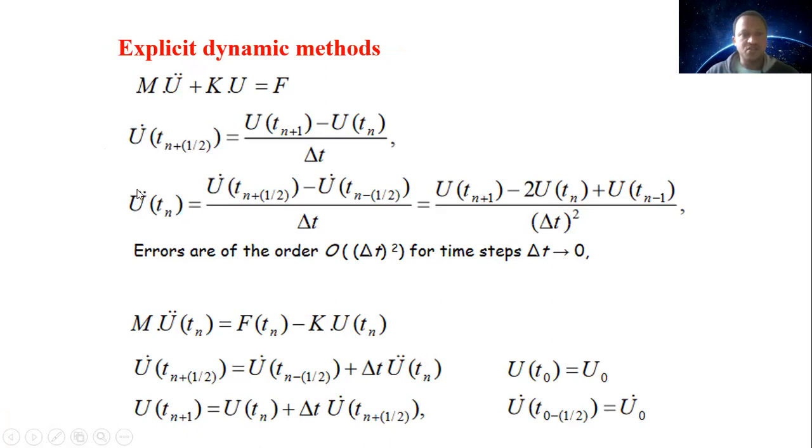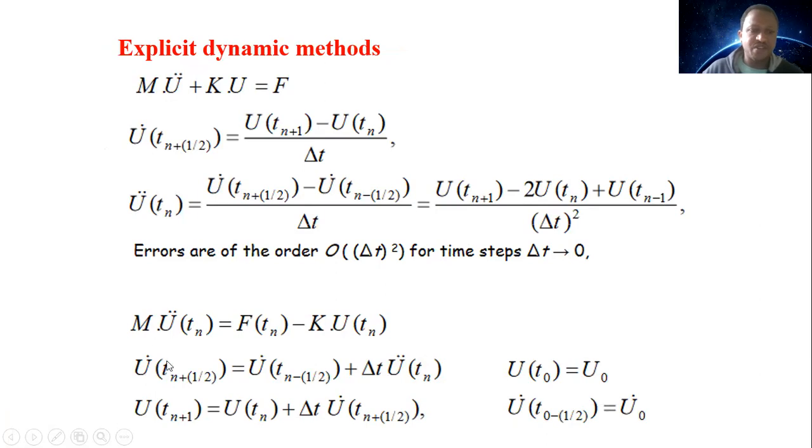Okay, so u i dot at t n is given in this format, neglecting the higher order terms and converging errors to the second order as the time step delta t approaches 0.